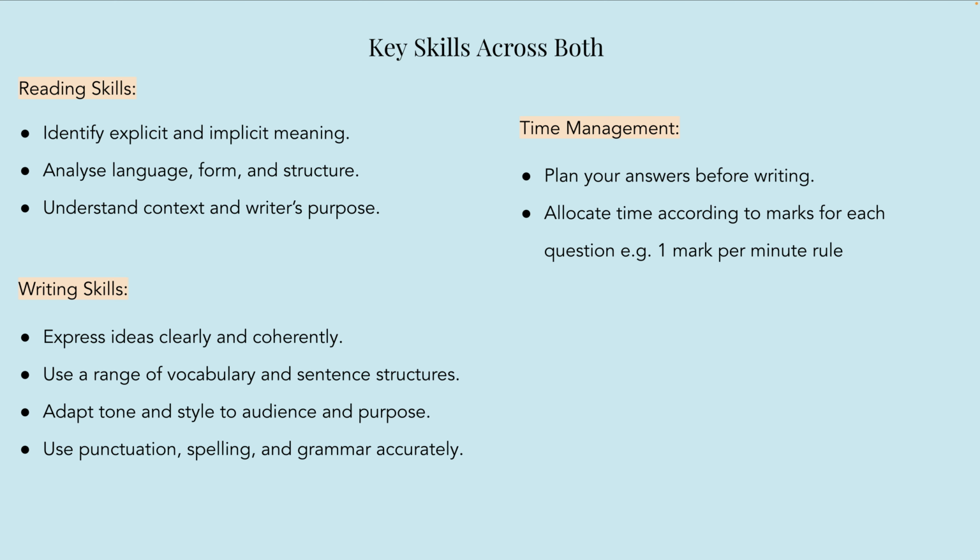So if you have a 20 mark question, you roughly spend 20 minutes on it. Reviewing and editing your writing, if possible, at the end of your exam. If possible, proofreading your own writing is very difficult, but if you are able to spot the odd thing that you've missed out or misspelled or something, then change it. You never know what that might do when it comes to marking.